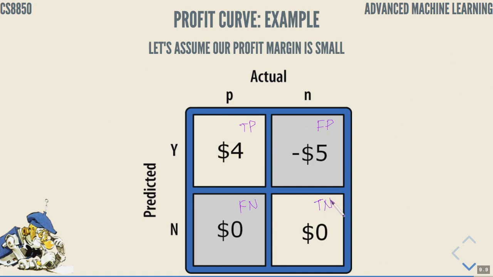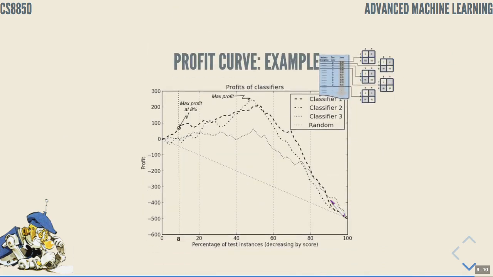We spent $5, but we don't get anything back. We don't get our $9 that we hoped for. So for this example, this is our cost-benefit matrix.